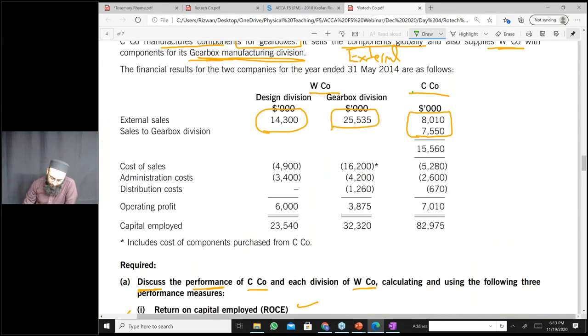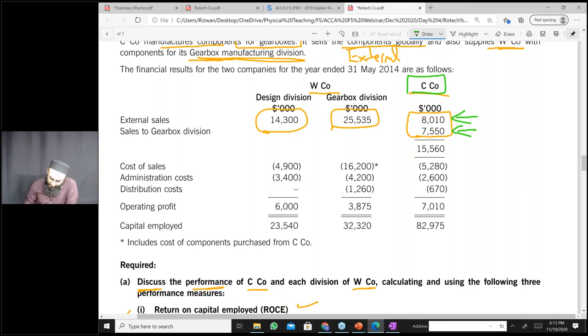So C company is selling externally and generating a revenue of 8010, and it is selling to Gearbox, and the revenue it is earning is 7550, and this is at its 100% capacity, which is full capacity. Agreed?